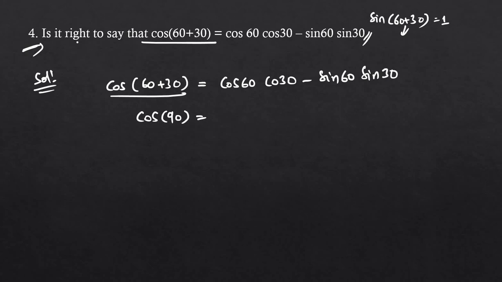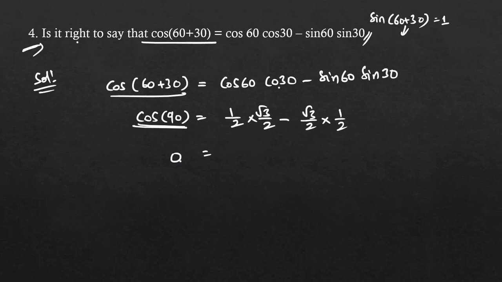Cos 60 is 1 by 2, very good, and cos 30 is root 3 by 2, minus sin 60, which is root 3 by 2, into sin 30, which is 1 by 2. So cos 90 is equal to how much? 0. Cos 90 is equal to 0, right?